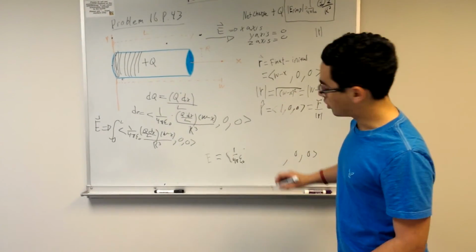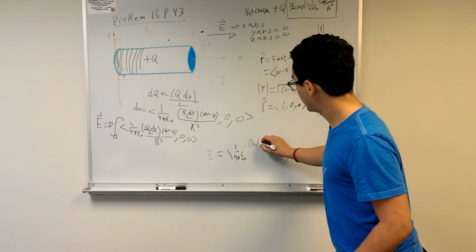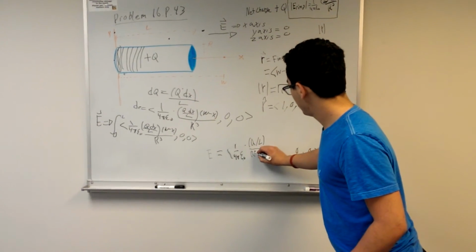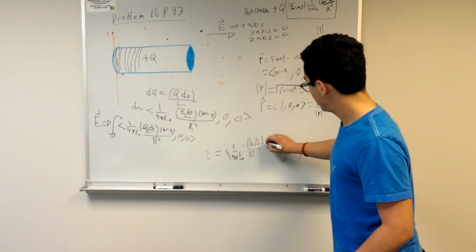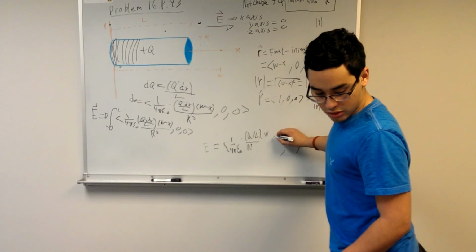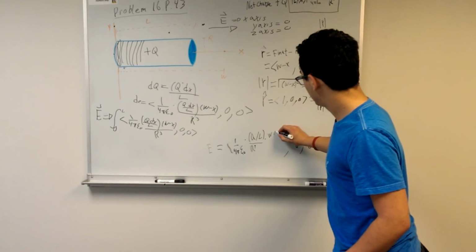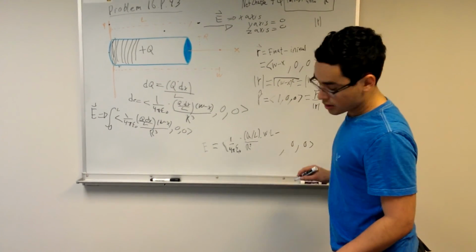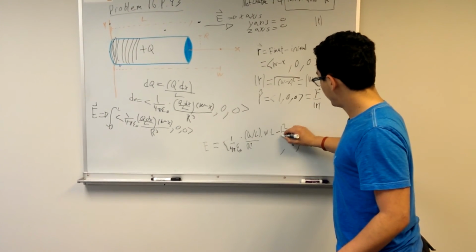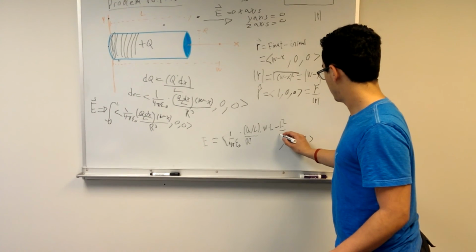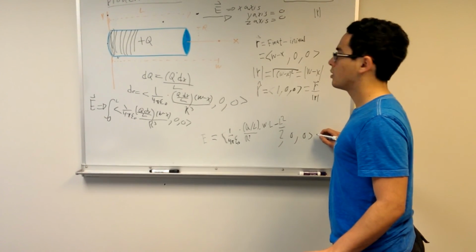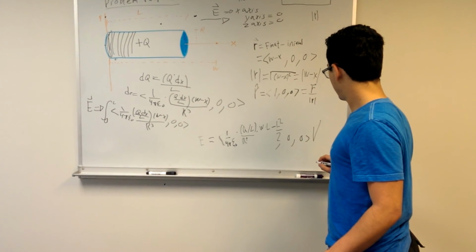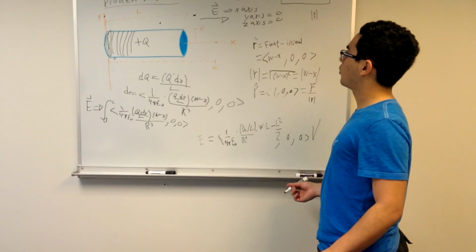All that times our Q divided by the length over R cubed, which is our radius, times W times L, all that minus L squared over 2. And that'll be the electric field for our entire cylinder.